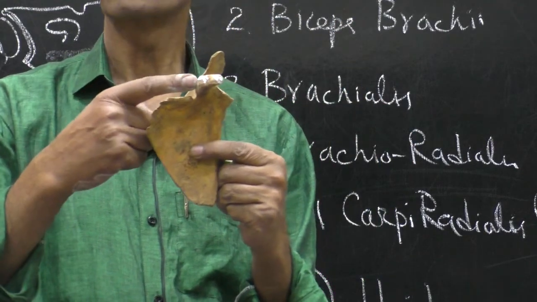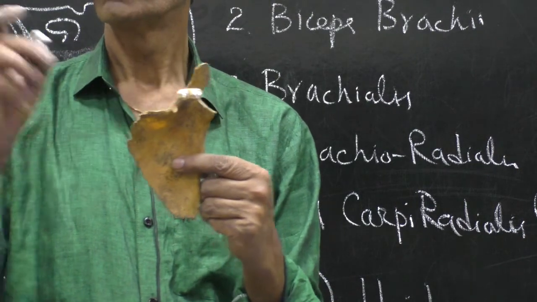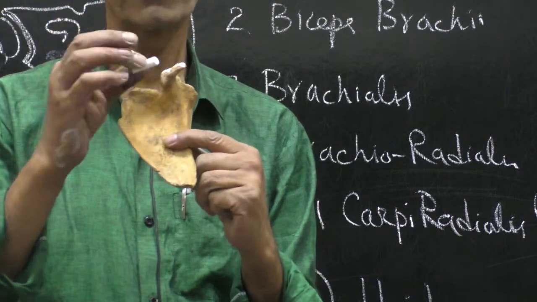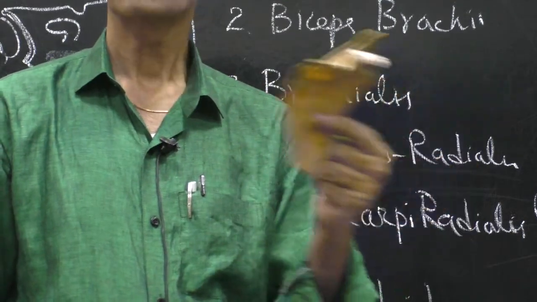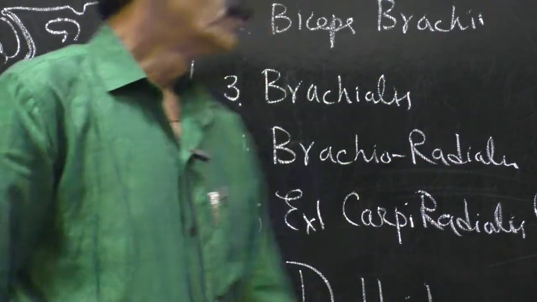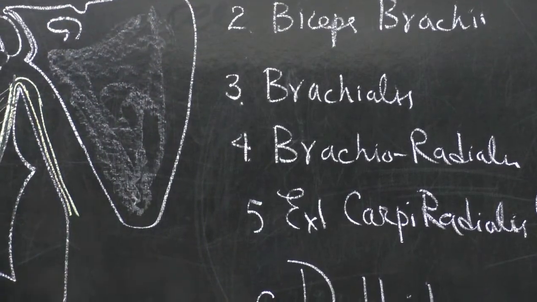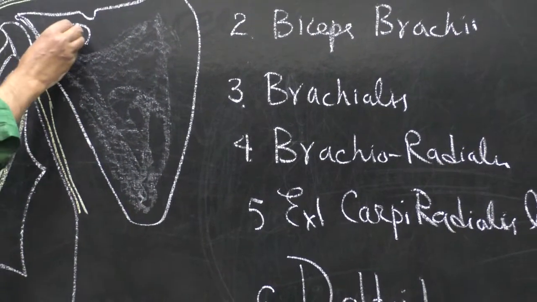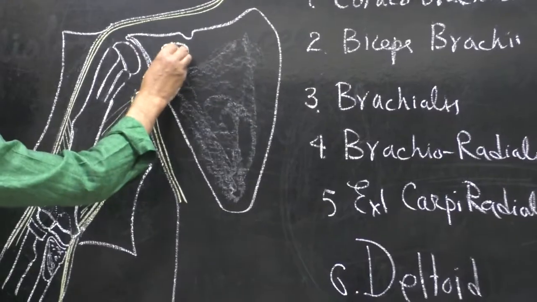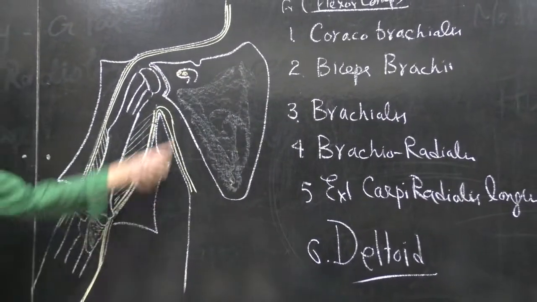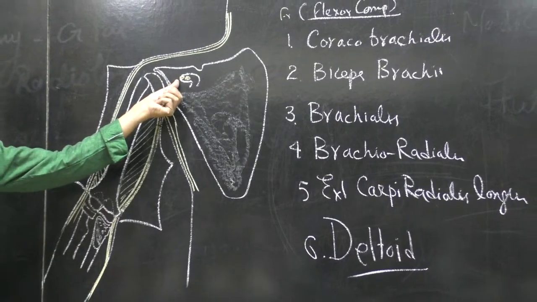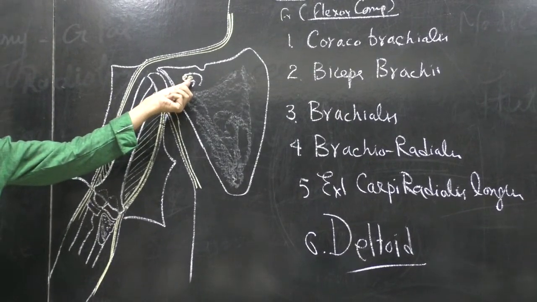This is how to mark in the exam, and you have to show it to the examiner. They are separate. So the coracobrachialis muscle takes origin from the lateral aspect of the coracoid process, combined with the short head of the biceps. The short head of the biceps is lateral in position and the coracobrachialis is medial.